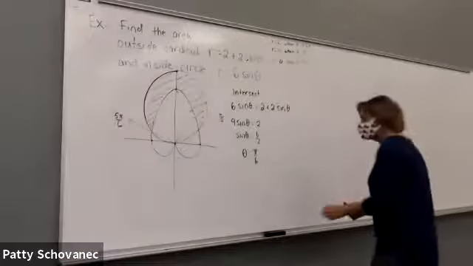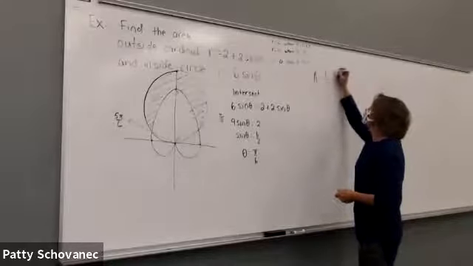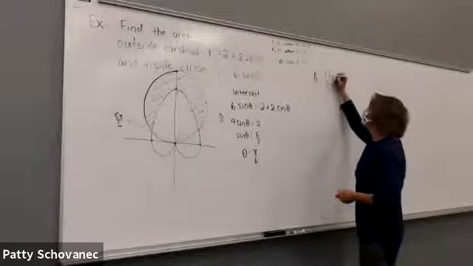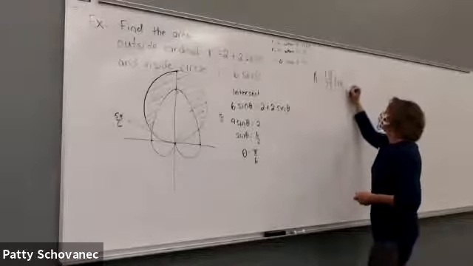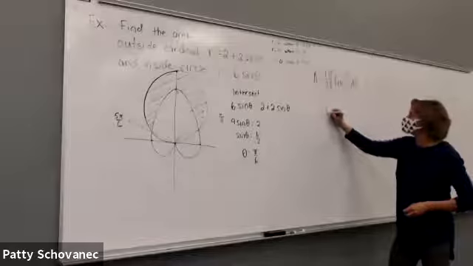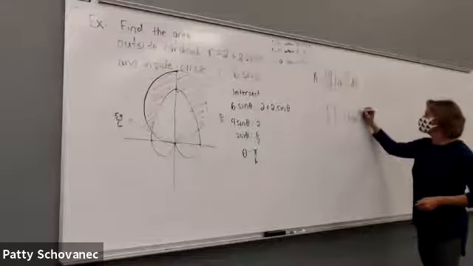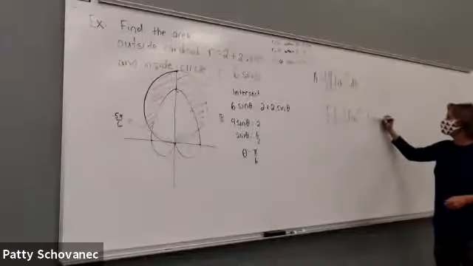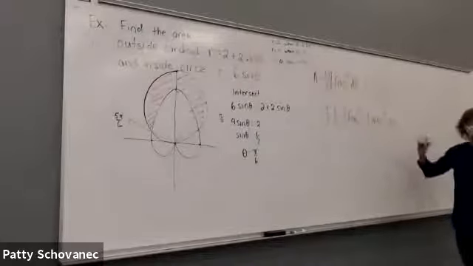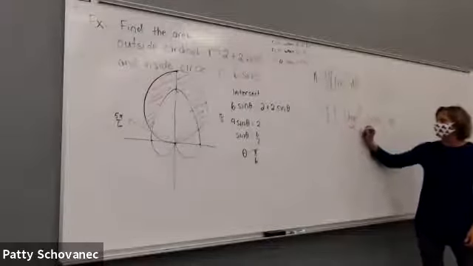So my plan is that my area is equal to 1/2 of the integral of f of theta squared d theta. But if I've got in between two graphs, I can do it this way. Right? Because I'm going to have two separate intervals when I put them in the same integrand. Where this is the outer and this is the inner.